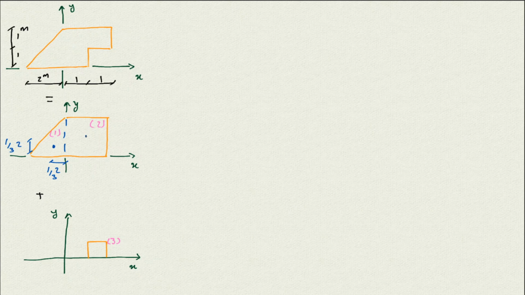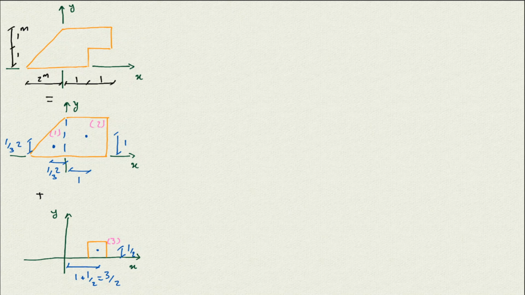For this one it's going to be half of the length, so it's going to be 1, and it's going to be 1 here. For this one, it's going to be 1 plus half of that, so 1 plus half, and then in the y direction it's just going to be the half.